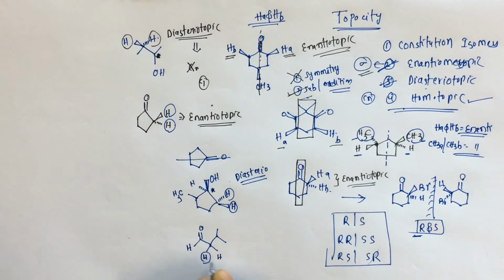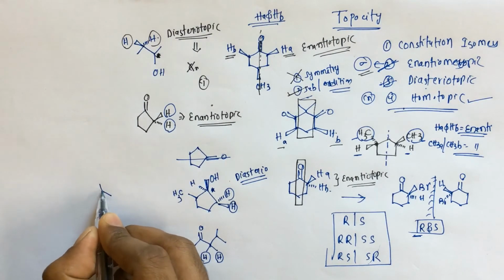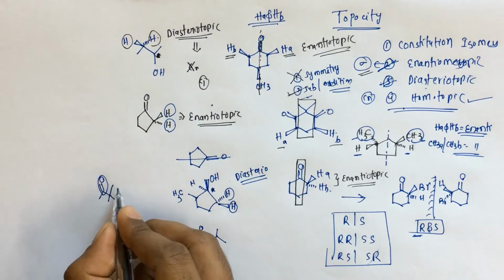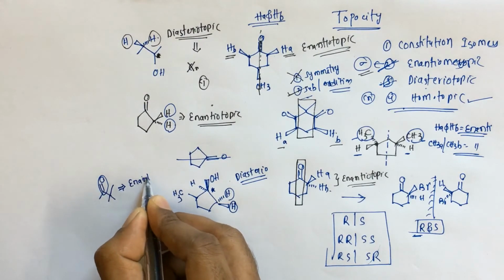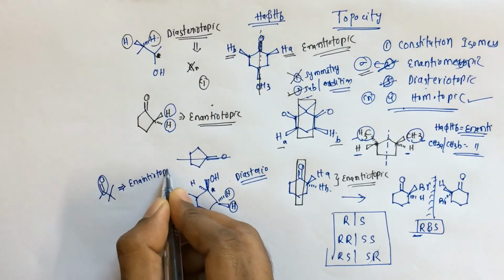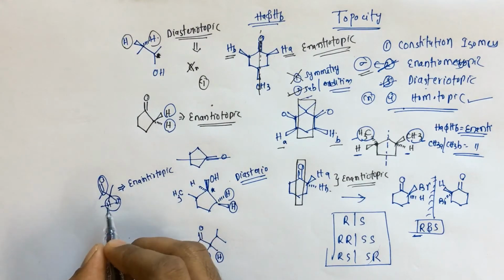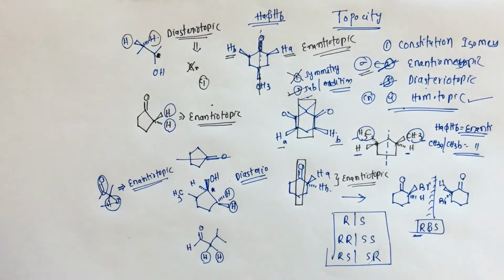When they ask this kind of question, I will tell you one simple thing to remember: the hydrogens which are adjacent to the carbonyl group are, most of the time, always enantiotopic. You can remember this.